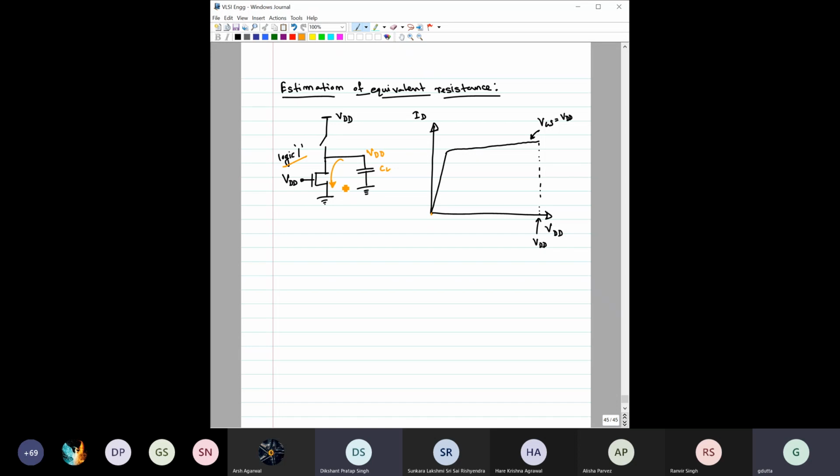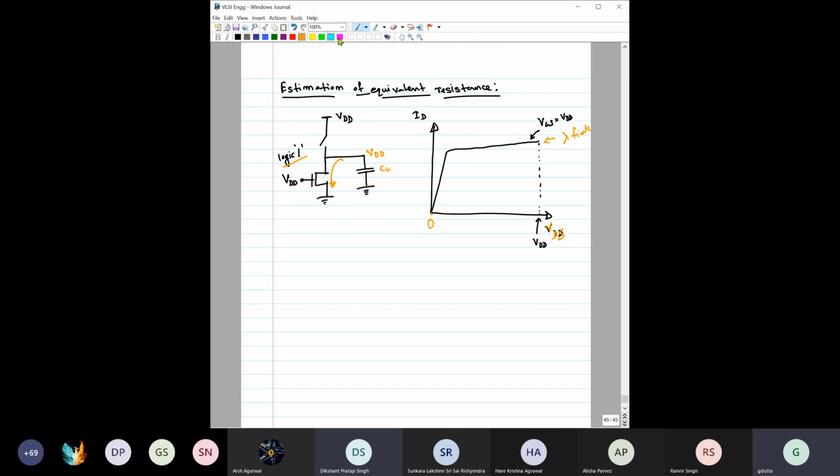Now how do you estimate? One approximation is to consider the ID-VDS characteristic, which looks something like this for a finite value of lambda, so it should have some slope.